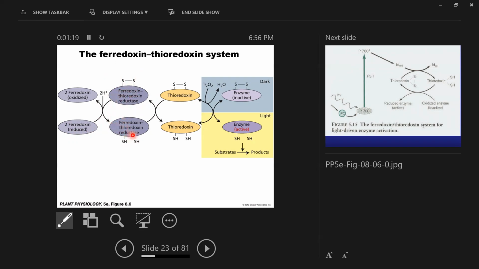Then that enzyme will give the electron to thioredoxin, break those disulfide bonds, and then the thioredoxin will interact with one of those 4 enzymes of the Calvin cycle and get it activated. So it's just a short little redox, boom, boom, boom, in order to get one of those 4 enzymes activated. That's why they say they're light activated, because you have to have reduced ferredoxin kicking it off to start.